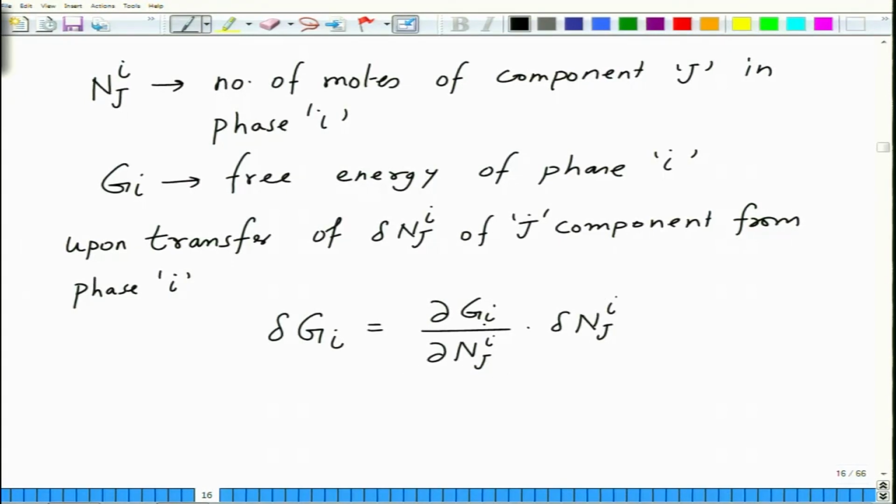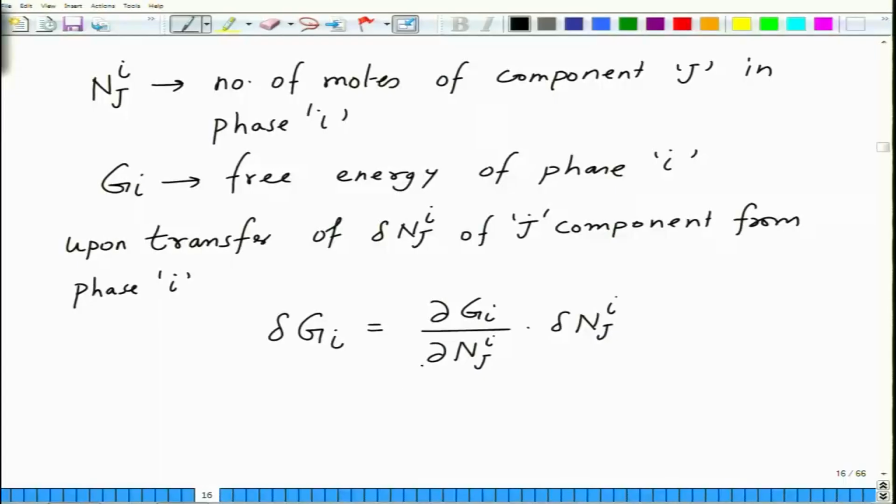So this is the incremental change in the free energy of the ith phase upon causing an incremental change in the composition of component J. If you recall, this is called the chemical potential. So basically this is mu J in the ith phase, the chemical potential of the jth component in the ith phase.